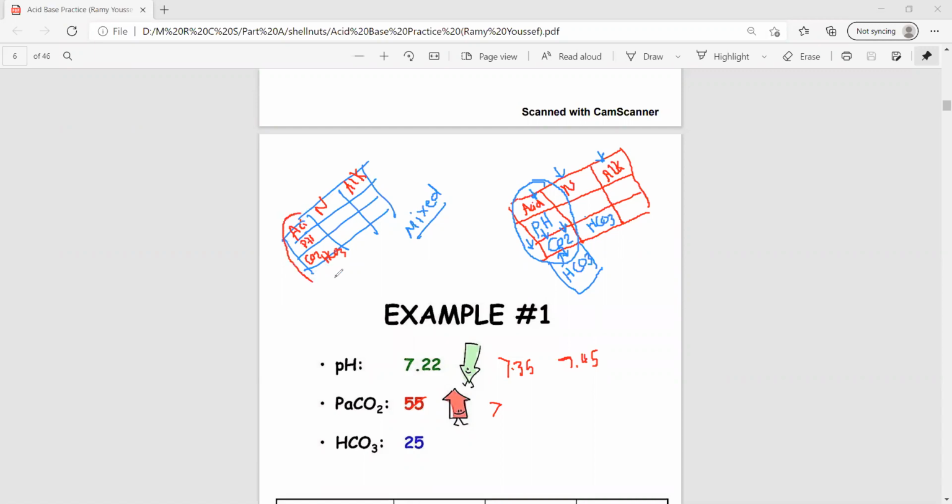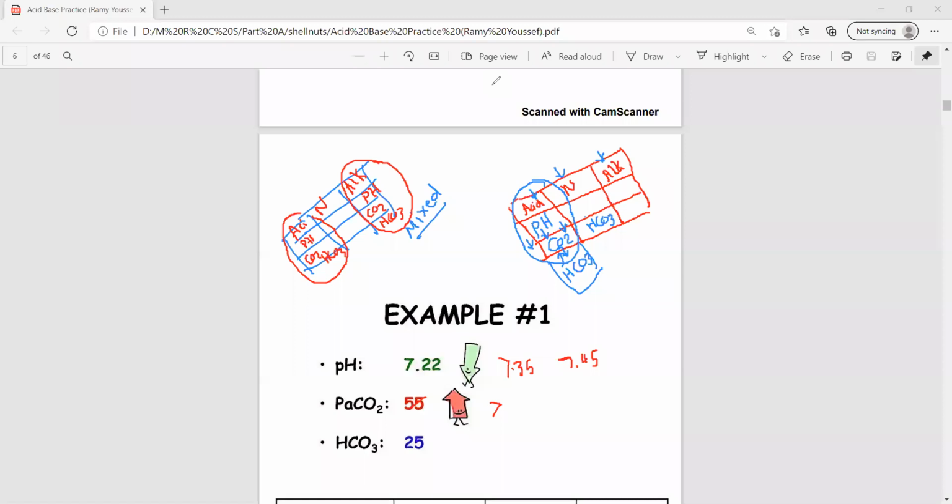Mixed acidosis. If I found the pH here and both CO2 and HCO3 here, so this is a mixed respiratory and metabolic alkalosis.